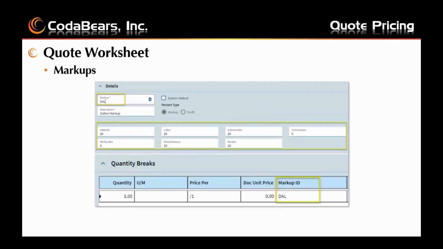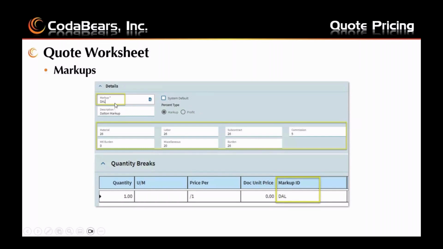Also on the quote worksheet card, we can see the effects of the markup on the quote line, which is now part of the calculation for each area of the costs: labor burden, material, subcontract, and material burden. This slide basically just shows the setup of a markup.